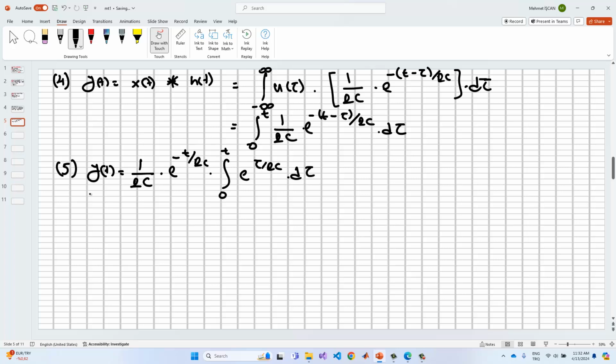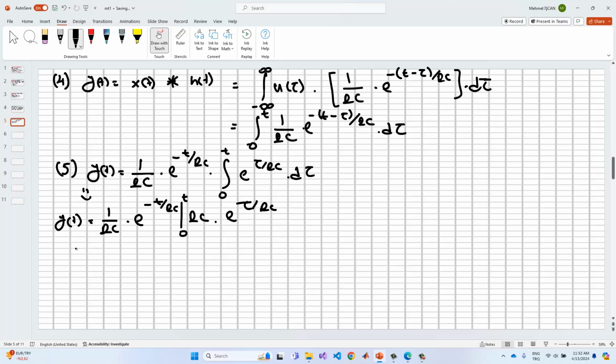Okay, and so if we solve this equation, then Y T is equal to 1 divided by RC times e to the minus T over RC, and 0 to T is the integral solution, RC times e to the tau over RC. Okay, the integral yields these calculations.